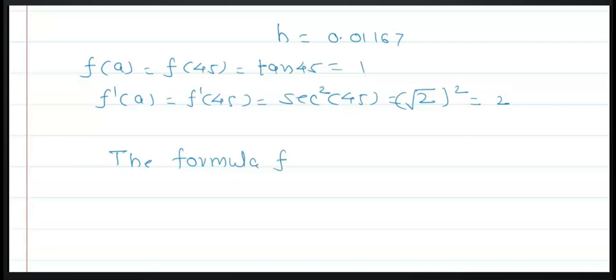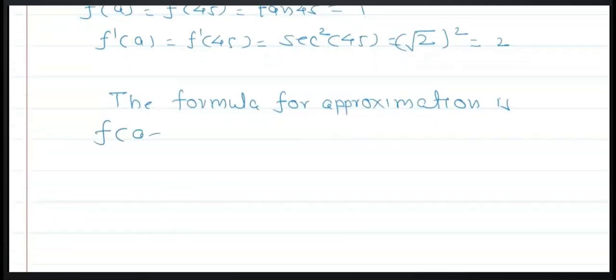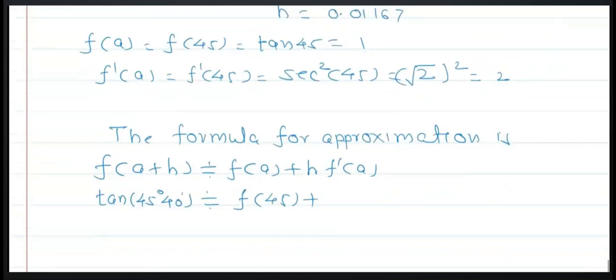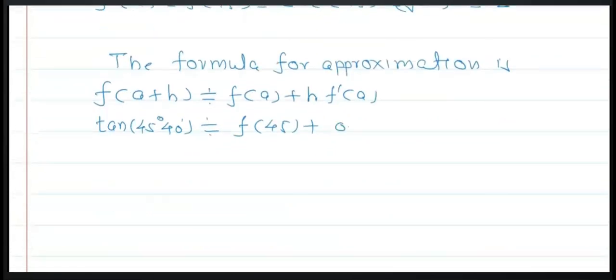The formula for the approximation is f of a plus h is approximately equal to f of a plus h into f dash of a. We will substitute the values. So tan of 45 degree 40 minutes is approximately f of 45 plus 0.01167 into f dash of 45.